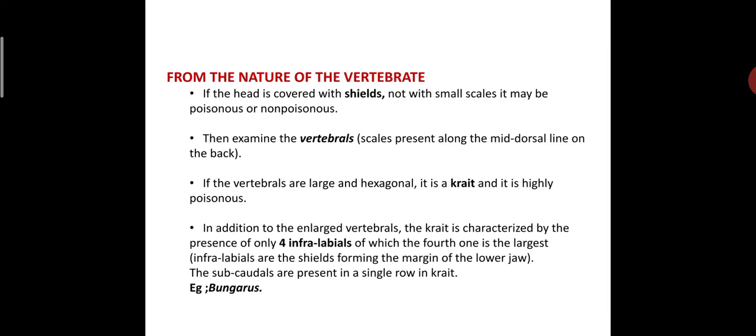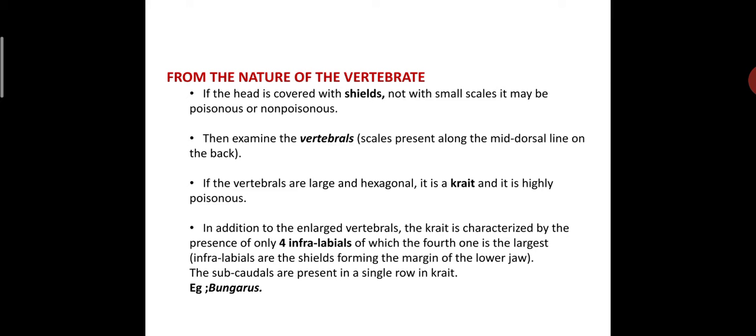In addition to the enlarged vertebrals, the krait is characterized by the presence of the fourth infralabial, of which the fourth one is largest. The infralabials are shield-like structures forming the margin of the lower jaw.